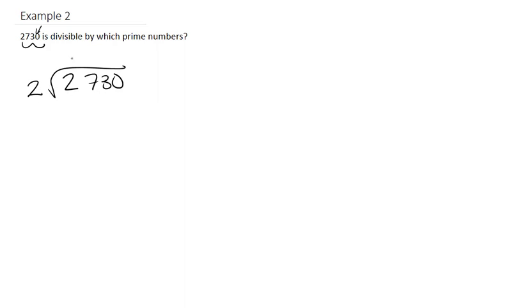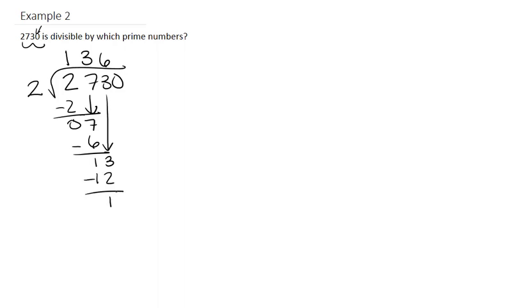So 2 can go into 2,730 how many times? So we would go 2 can go into 2 one time. We subtract, we get 0. So we bring down the 7. Now 2 can go into 7 3 times. 2 times 3 is 6. We go ahead and subtract, we get 1. Bring down the 3. Now 2 can go into 13 6 times. So we get 2 times 6 is 12.